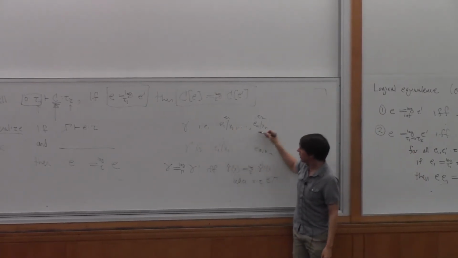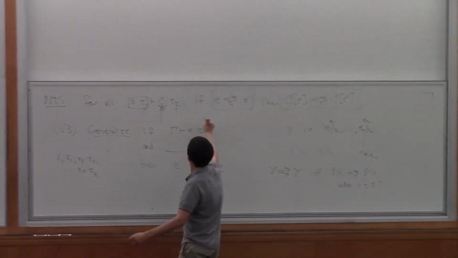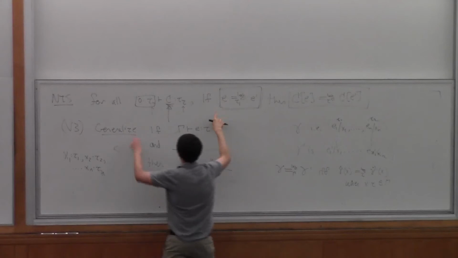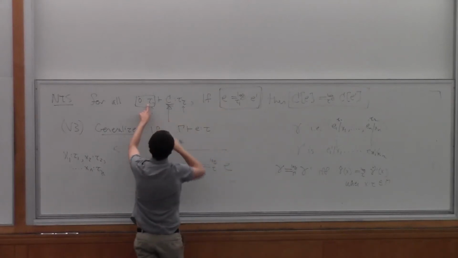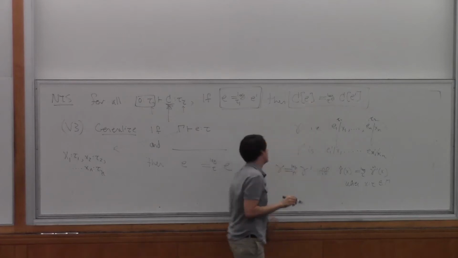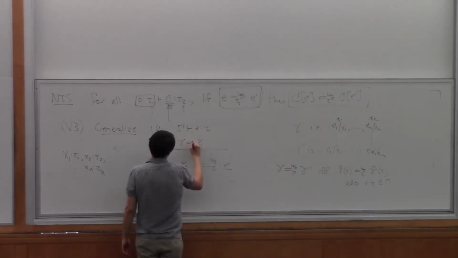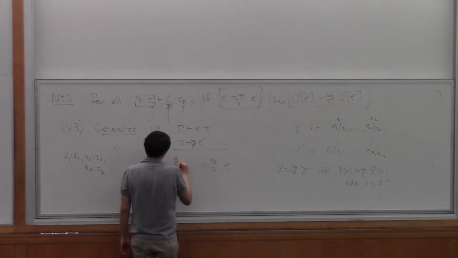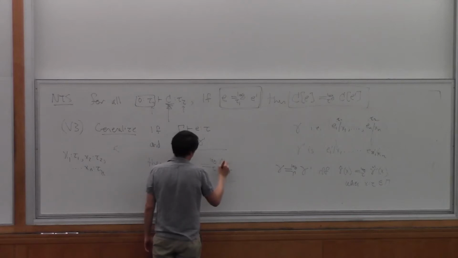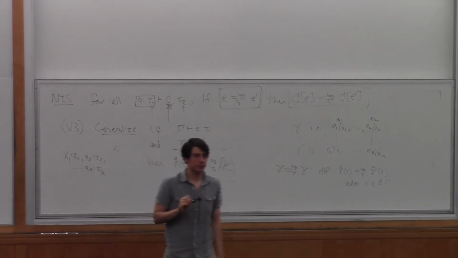Whatever I plug in for xn over here is related to whatever I plug in for xn over here, which is just iterating this idea of I have two things to plug in for one variable, and the results are equal. OK? And so then what we say is if gamma is logically equivalent to gamma prime, then when I actually do the plugging in over there, and when I actually do the plugging in over there, then they're equal.